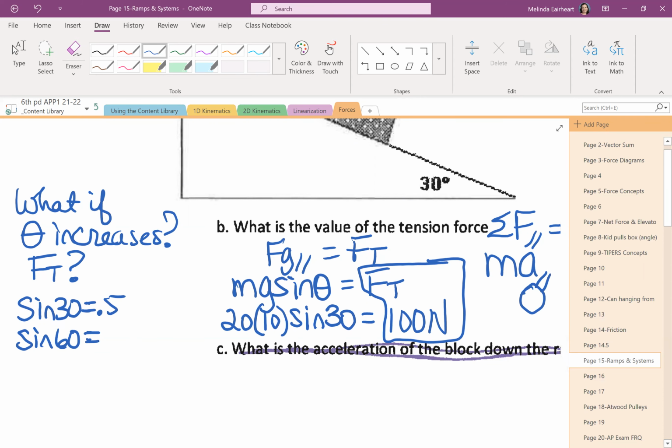Punch it out. What do we get? 0.8 something, 87 or 866, right? So as theta increases, what happens to sine theta?